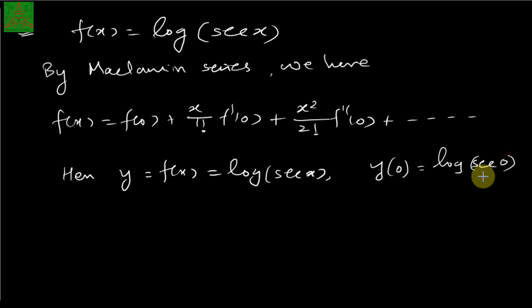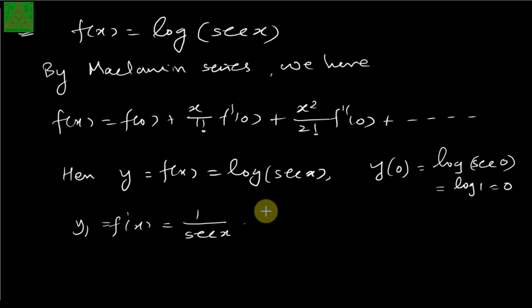We know that sec 0 is 1, so this is log 1, which is 0. Then f dash x, that means y1, is 1 upon sec x into sec x into tan x. So this sec x is cancelled out because the derivative of sec x is sec x into tan x. So y1 at 0 gives me 0 because tan 0 is 0.